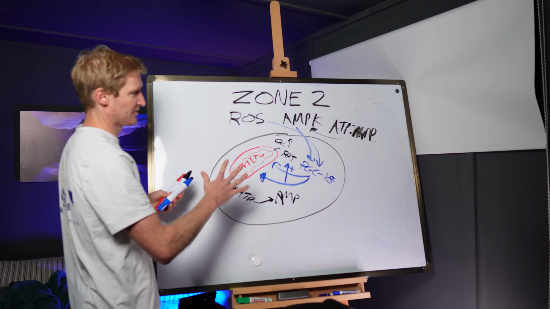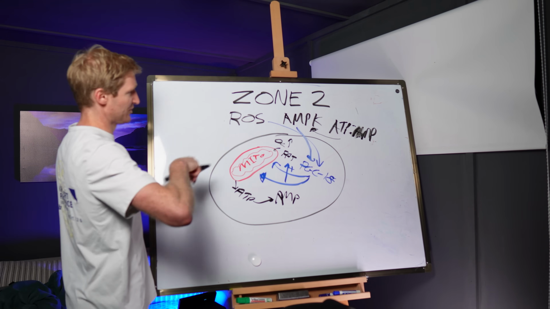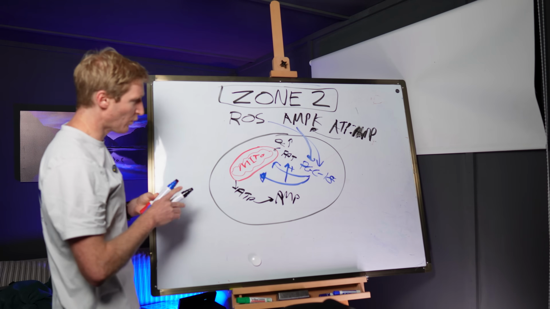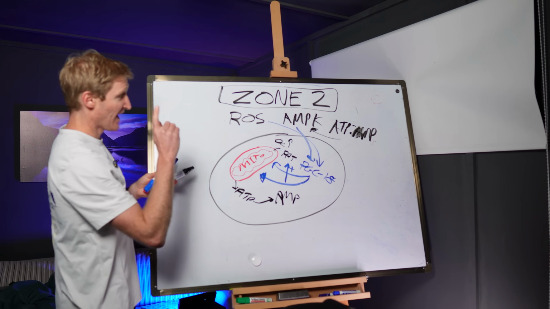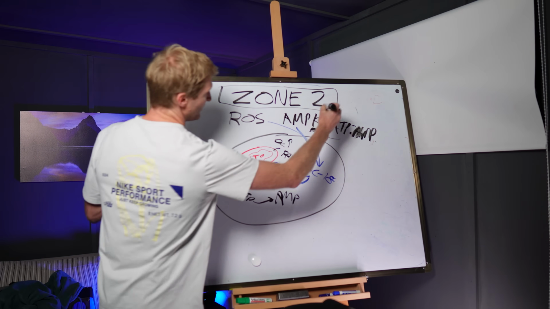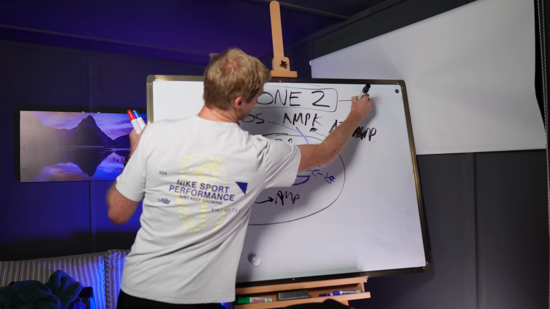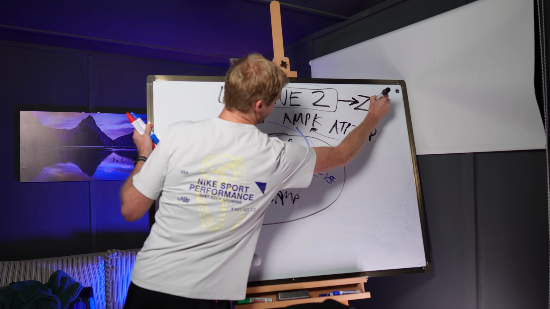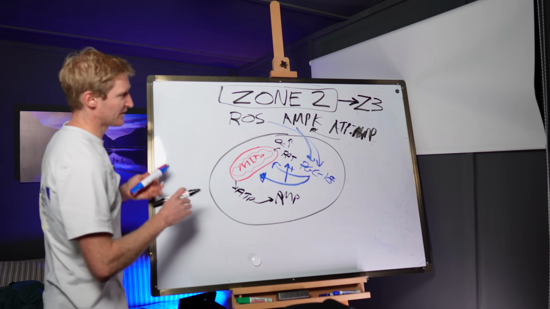Then this comes down to now, why does zone 2 matter in this scenario? Well, why it matters is because as soon as we start to increase our zone 2, we're right at the top, okay, and we're drifting into zone 3.